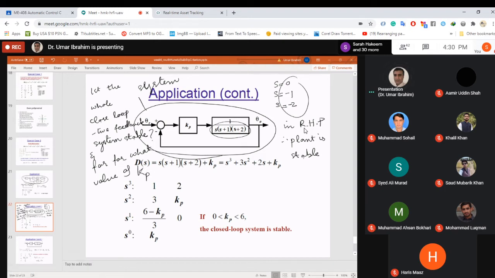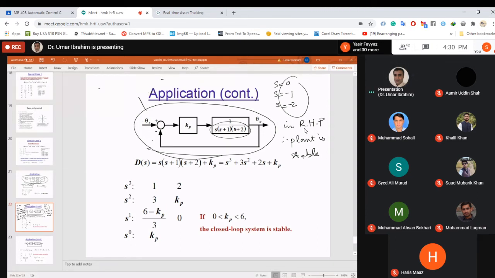Okay. So to answer this question, the stability of this system is a function of Kp, as we looked at in the previous slides. The value of Kp may keep the system stable.